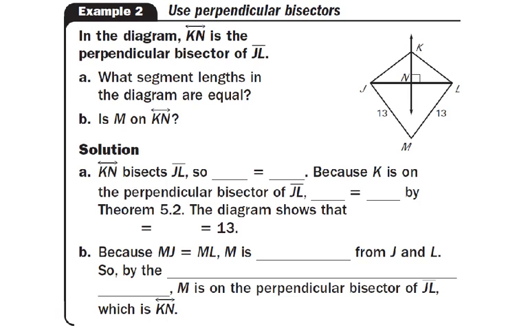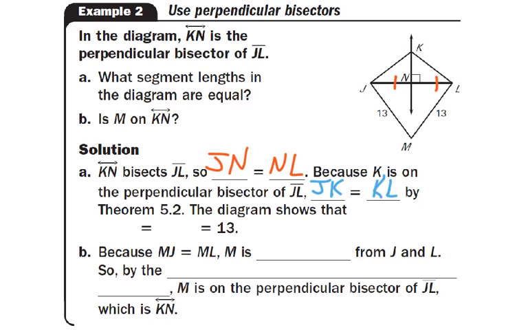So here's an example that uses that. What segment lengths in the diagram are equal? So for part A, we know that KN is a perpendicular bisector. Okay, so KN bisects JL, so we know that JN is equal to NL. All right. Because K is the perpendicular bisector of JL, we know that JK is going to be equal to KL.